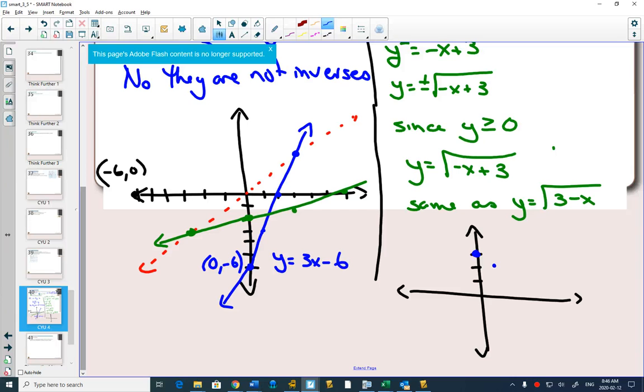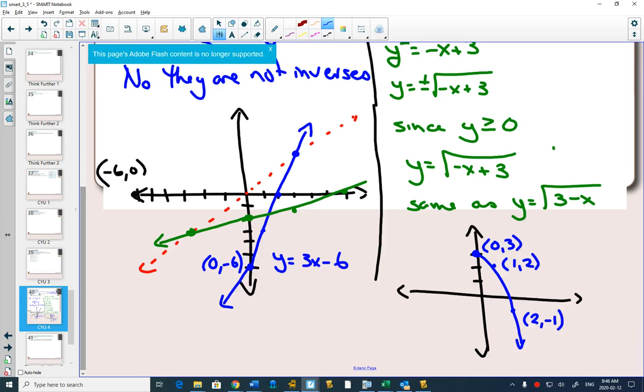Over 1, down 1, over 1, down 3. And we only have this half because the domain restriction was x is bigger than or equal to 0. Those are some points on that graph.